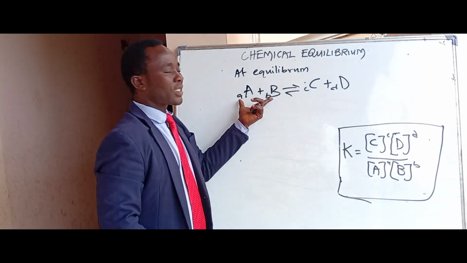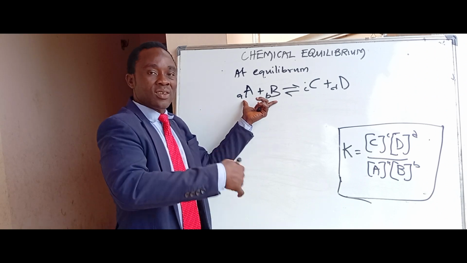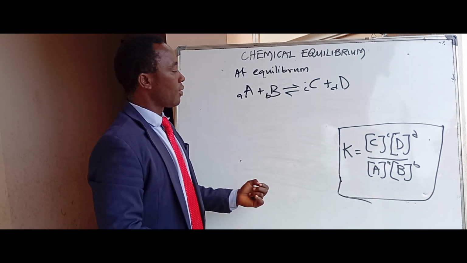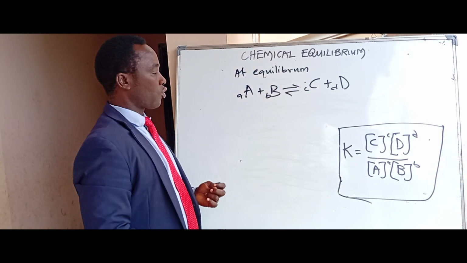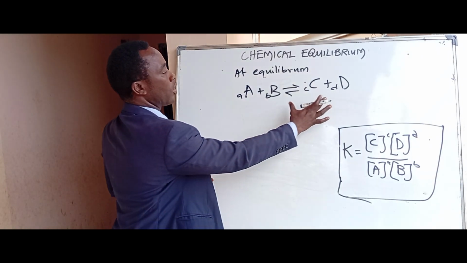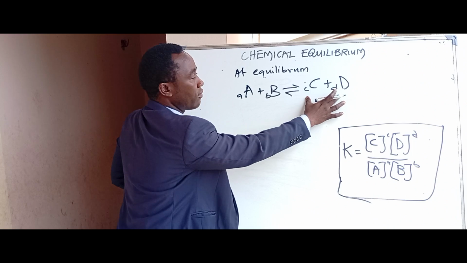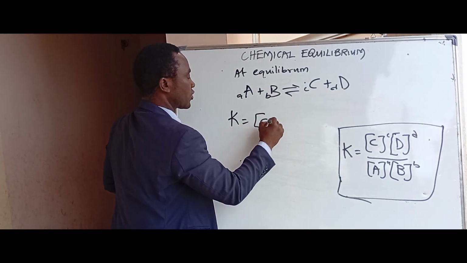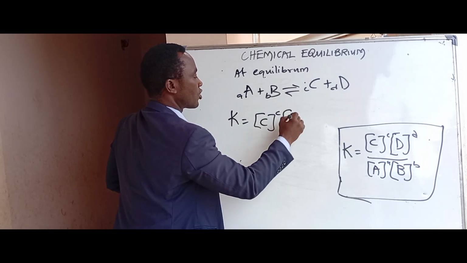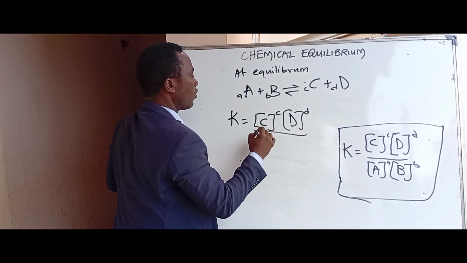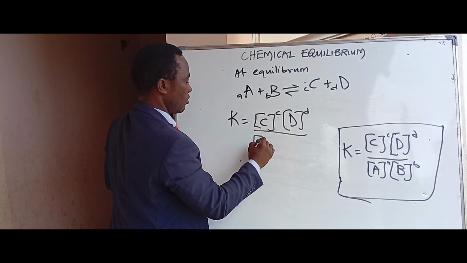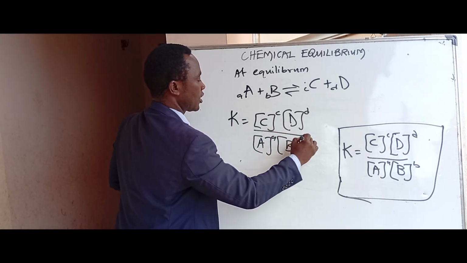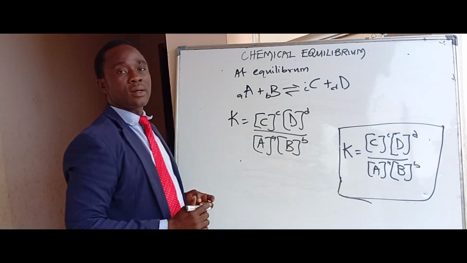That is, K will be the products, the concentration of C raised to power c, concentration of D raised to power d, over the concentration of A, the reactant, raised to power a, then concentration of B raised to power b. So it's product over reactant.